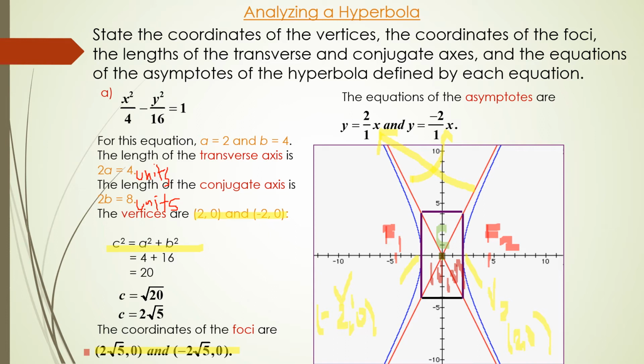For the length of our latus rectum, of course, that is 2b squared over a.